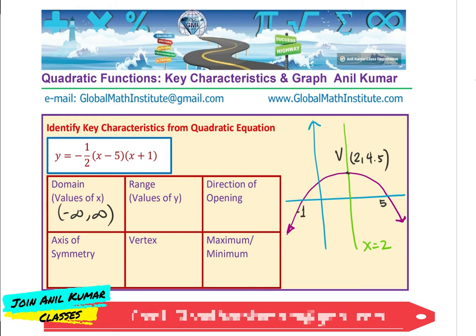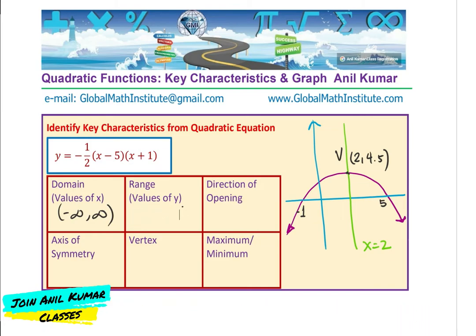Range. The range includes 4.5, but it is below that. So we can include 4.5. The square bracket means including 4.5, but it goes to negative infinity. You get the idea. So you should normally write it in the reverse way, because we always write the smaller number first, which is negative infinity here, and then 4.5 included.